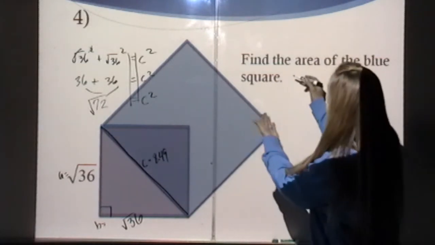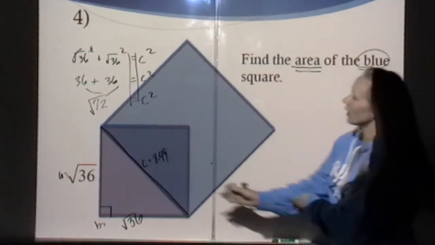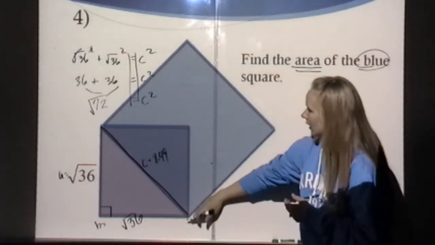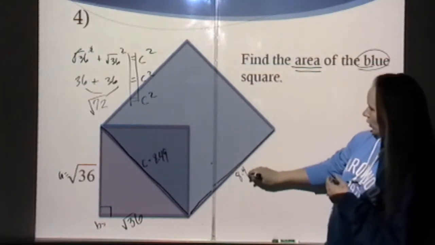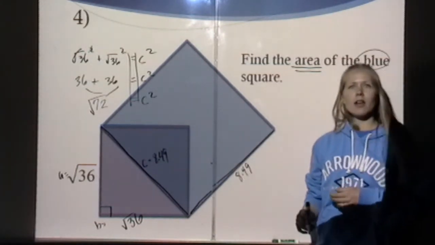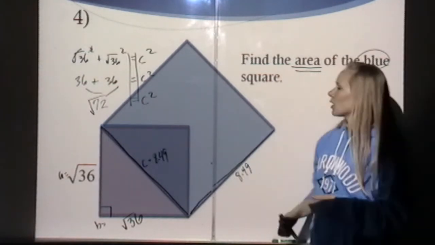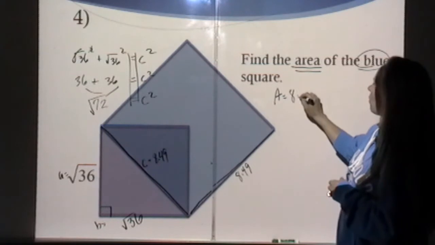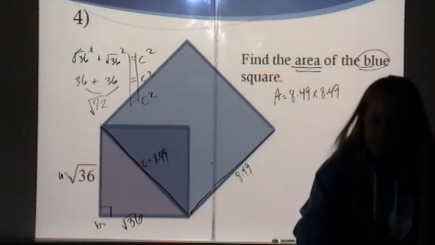Now I'm still not done answering my question: the area of the blue square. Well, if this length is 8.49, then this length right here is also 8.49. And to find the area of a square, I take the length times the width, or base times the height. So I would take 8.49 times 8.49 to get the area.